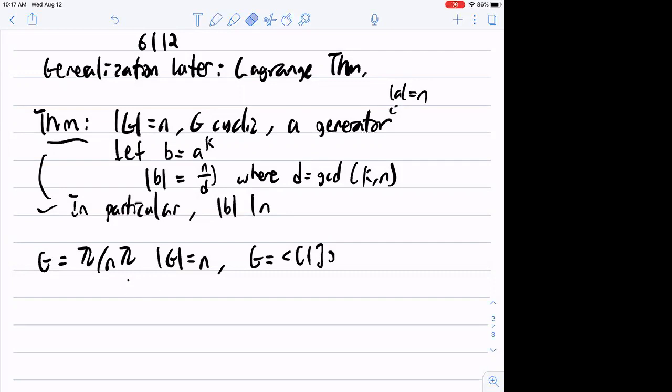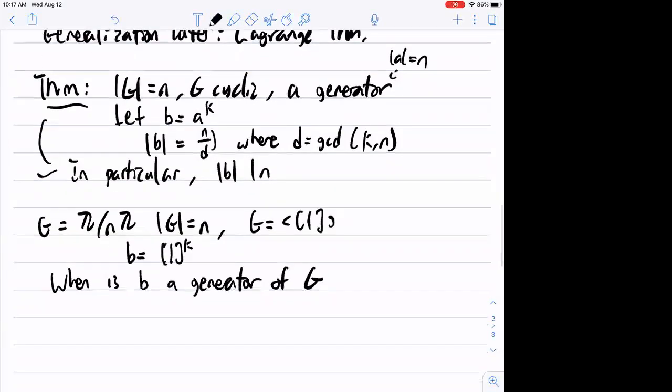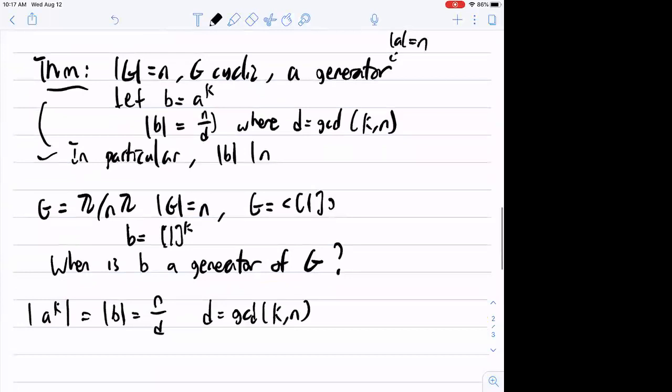If I let B be 1 to some power K, when is B a generator of G? Let's apply the theorem. What does it mean to be a generator? It means that the order is n, you generate the whole group. So the order of B using the theorem is n over d, where d equals GCD of K and n. Remember, B is A to the K, or 1 to the K in our case.